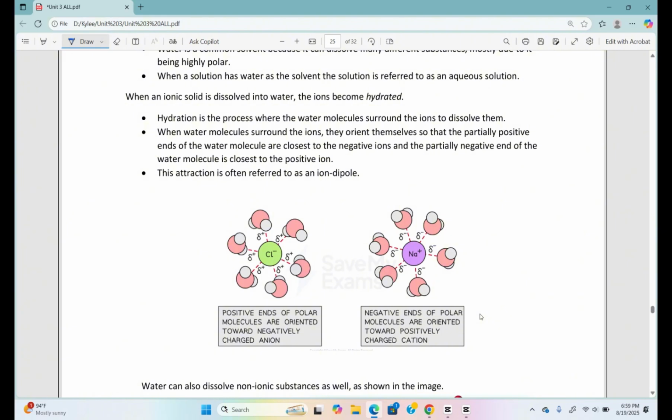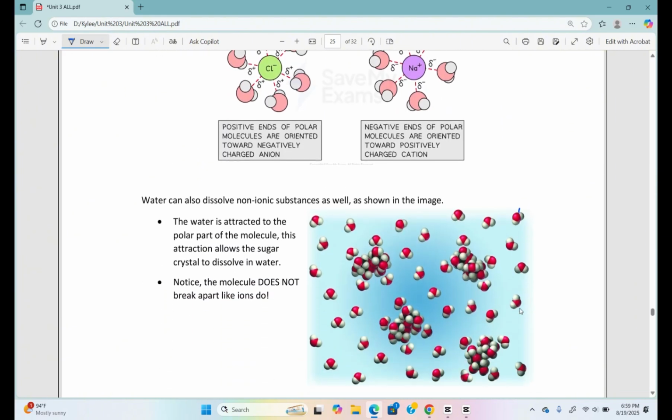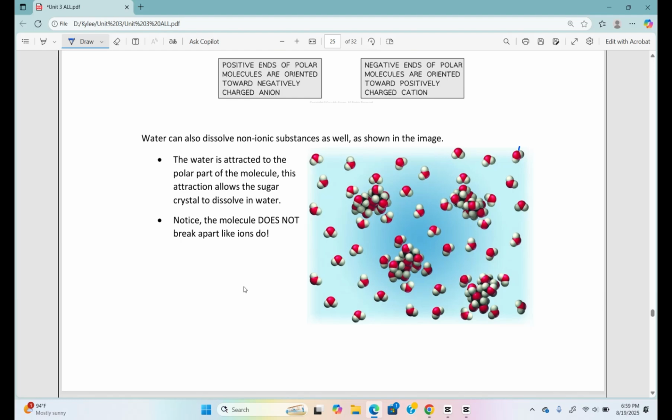With chlorine, the positive end of water points towards chlorine, again making sure we have that positive and negative attraction. Water can also dissolve non-ionic substances, such as sugar. When something is covalently bonded but dissolves in water, one big difference is the molecule stays together. Here is a whole sugar molecule, and here is another whole sugar molecule. It's still interacting with the water, forming dipole-dipole interactions or hydrogen bonding, but we don't see any parts of the sugar particle breaking apart.